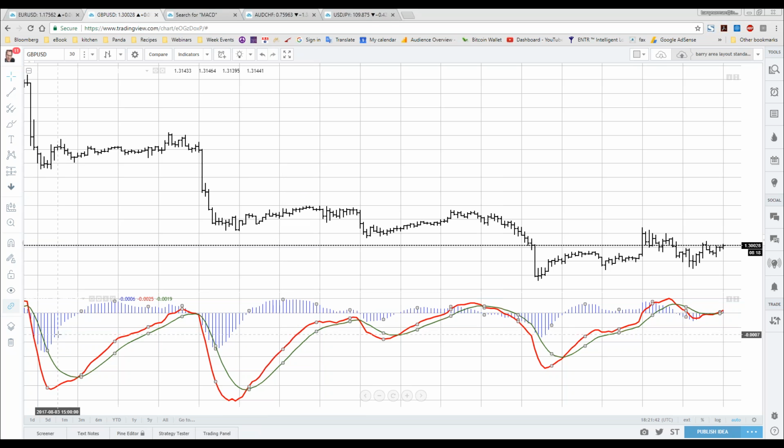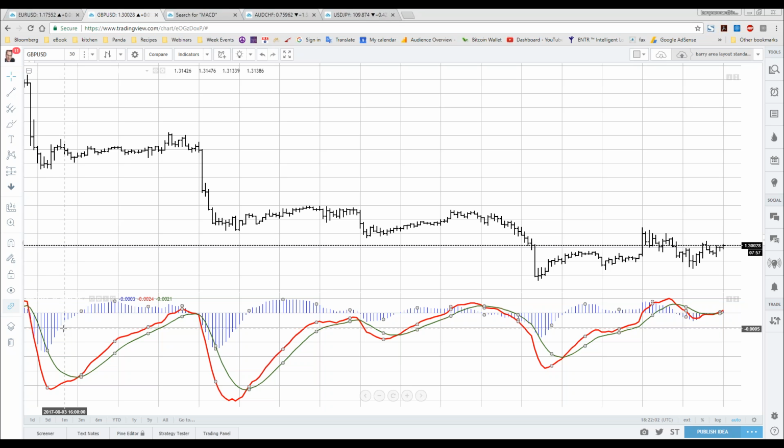Nope, I can't. At the zero line, the moving averages are equal. Okay. If they fall below, they're converging. If they go above, they're diverging, because it's only simply the difference between the two. When the 12 and 26-day moving averages are equal, the difference is zero.